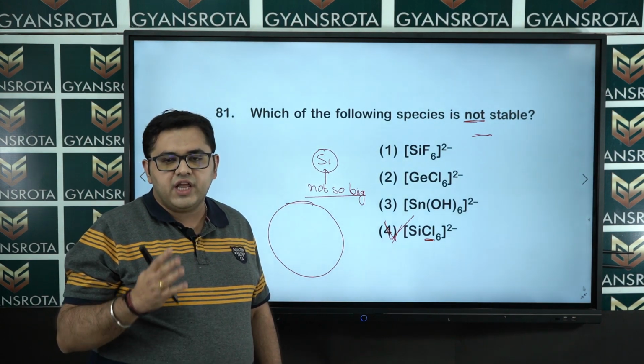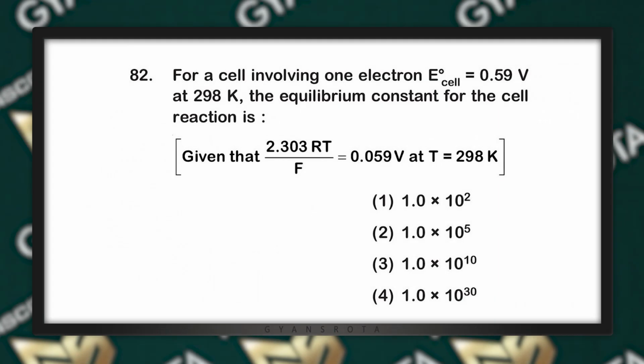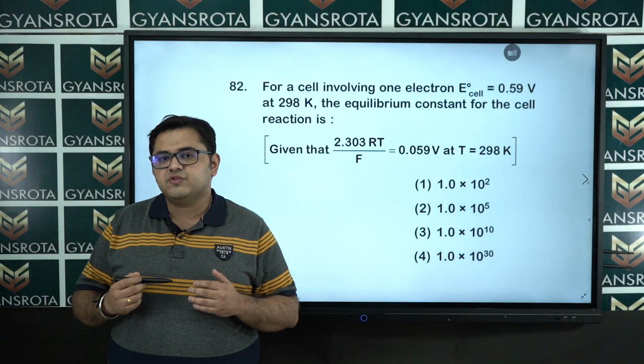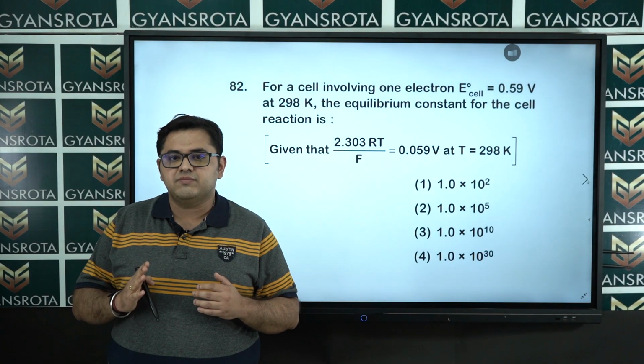Now we move on to the next question, question number 82. Question number 82 is on your screen. For a cell involving 1 electron, E naught cell value is given as 0.59 volt at 298 Kelvin. The equilibrium constant for the cell reaction is. This question comes from your electrochemistry part from the class 12 chapter.